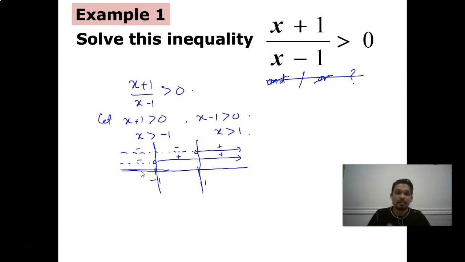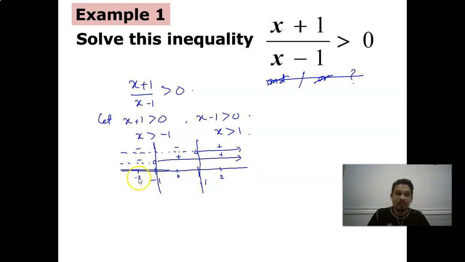Just imagine that there is a value of x in between here, 0, here negative 2, and here 2. I'm just explaining why we have this sign of negative and positive, but you don't need to show this in the examination, just for your knowledge.